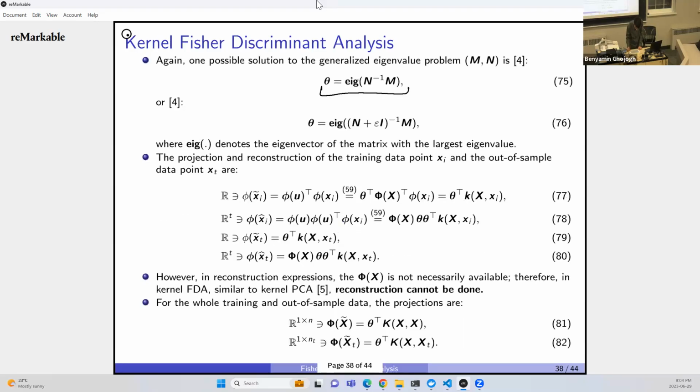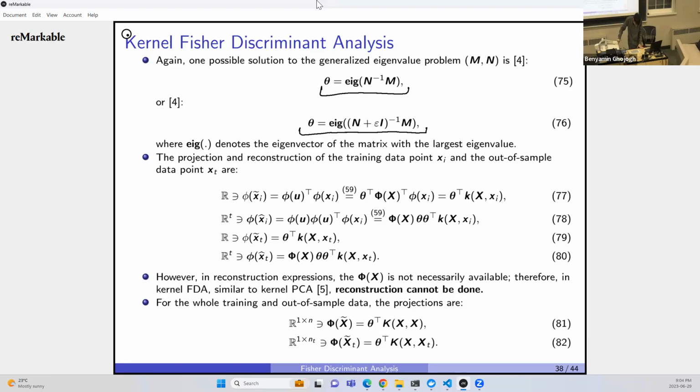However, we just found theta. Previously, when we found u, we knew that the projection is u transpose x. Here, however, it is different. We found theta, so we had a change of variable and need to change it back.